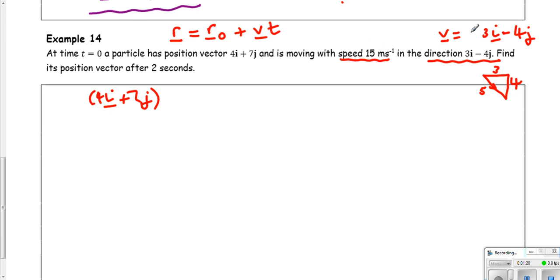In other words, what we do is we'll put a 3 in front of there. That will make this vector 3 times longer. In other words, it's 9i minus 12j.